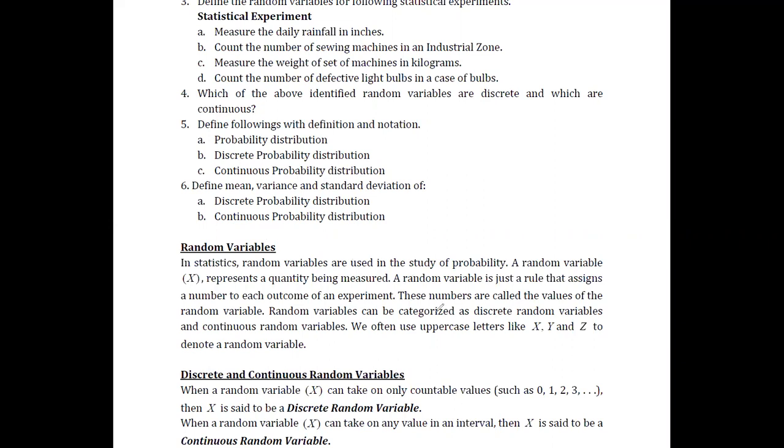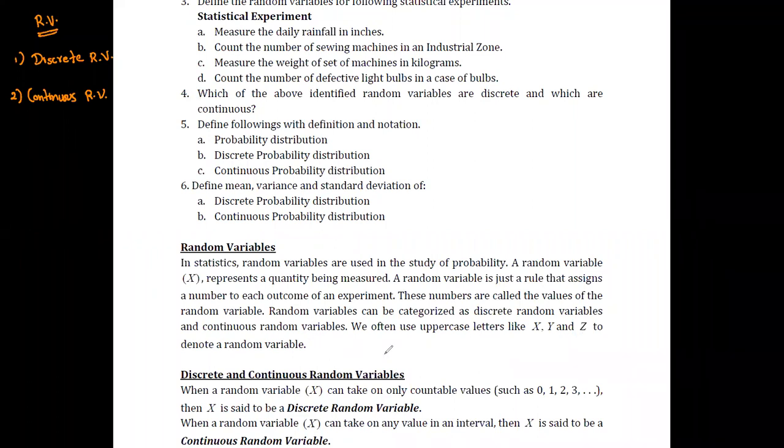Basically, we can categorize them into two categories. The first one is the discrete random variable, and the second category is the continuous random variable. These are the two categories of random variables that we are considering.